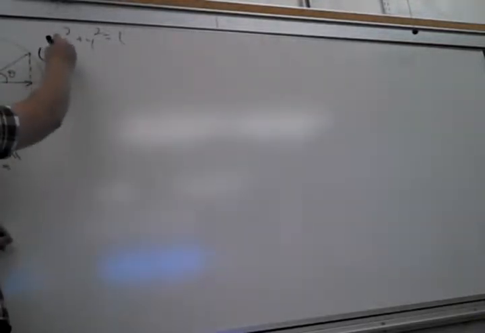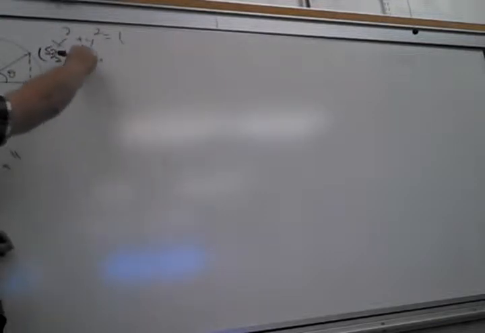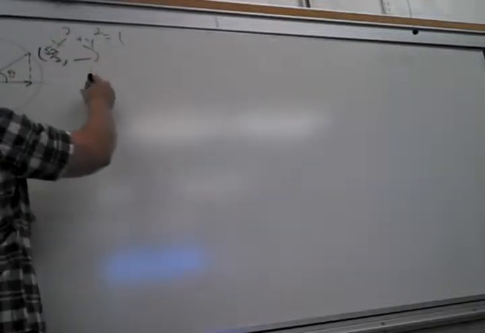So, if I'm at a certain angle where, let's say, the x piece is root 2 over 2, some of you know what the other half is, but how do you show it? Just plug it in.